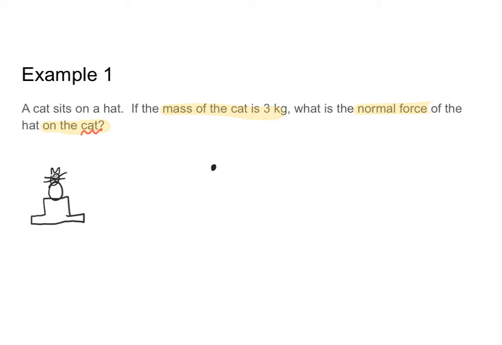Now, my cat has mass, so that means that I know that there is a gravitational force acting on my cat. I also know that my cat is not falling through my hat, so that means that the normal force acting on the cat must be equal to the gravitational force acting on my cat.